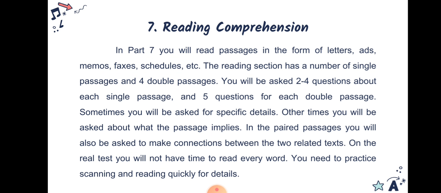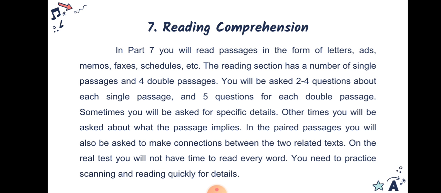Number 7. Reading comprehension. In part 7, you will read passages in the form of letters, ads, memos, faxes, schedules. The reading section has a number of single passages and 4 double passages. You will be asked 2 to 4 questions about each single passage and 5 questions for each double passage.